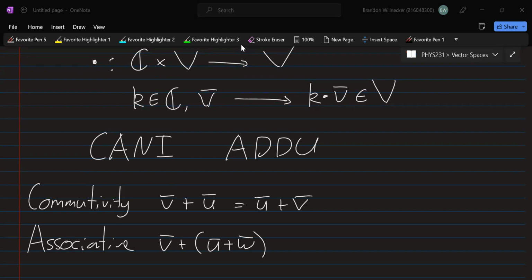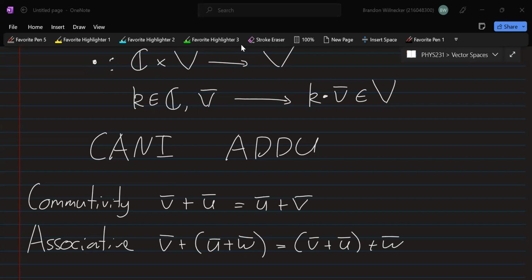So U and W, we can operate them together, and then V and the net result, we can operate them together. Okay, what associativity says is that it doesn't matter in which order we do it. So we can do U plus W first, and then add it to V, or we can do V plus U, and then add it to W. Okay, it shouldn't matter which order we do it in.